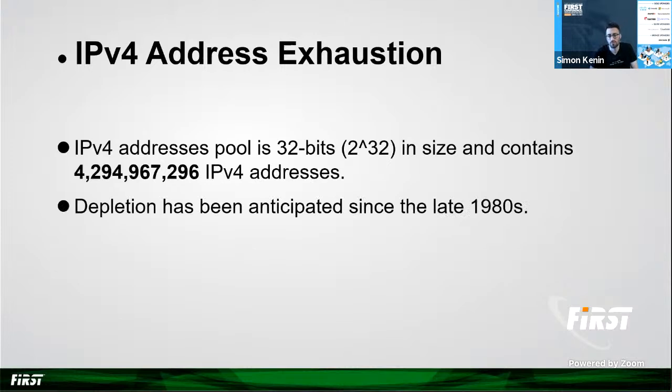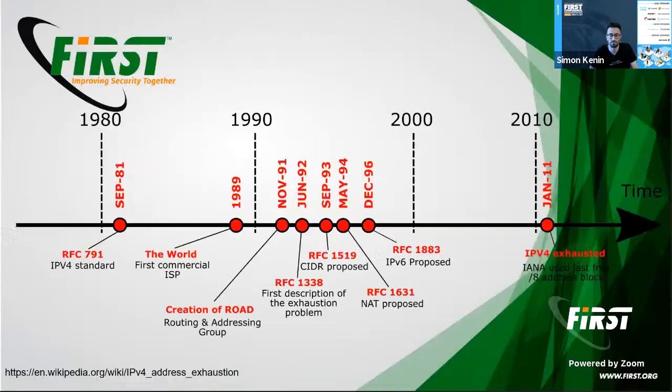The depletion was anticipated since the 80s. Today, there are gray markets to buy or lease IPv4 addresses because all IPv4 space has been allocated and issued already. Let's go back to our timeline. In '94, NAT was proposed, and we all use NAT nowadays, one way or another.